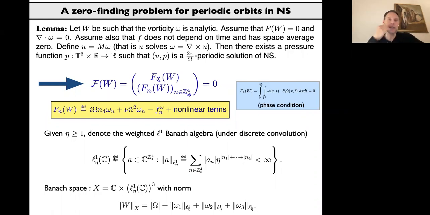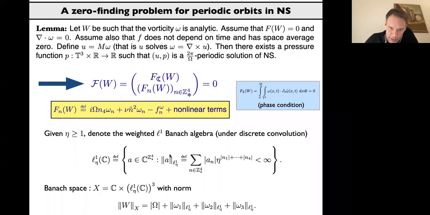It's not difficult to show that if you have, say, 2 Fourier series and you multiply them together, then their coefficients are discrete convolutions. And this discrete convolution under the weighted L1 norm leads to a Banach algebra.